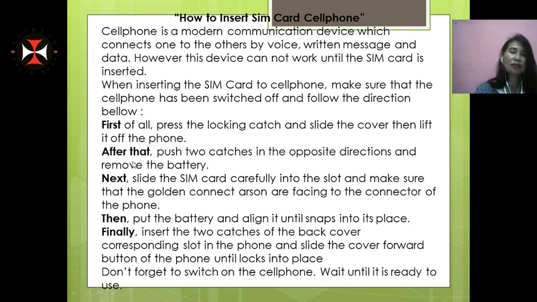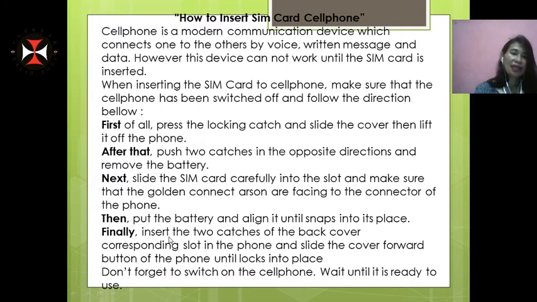After that, push the cartridge in the opposite direction and remove the battery. Next, slide the SIM card carefully into the slot and make sure that the gold connectors are facing the connector of the phone. Then, put in the battery and slide it until it snaps into its place.